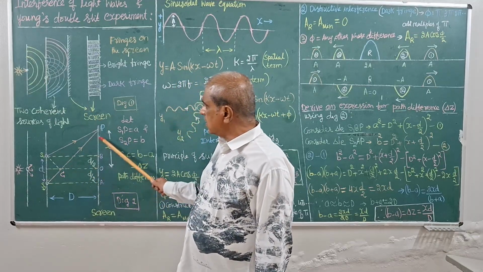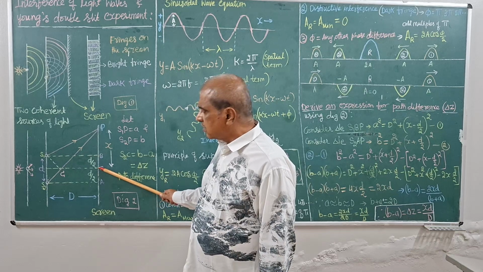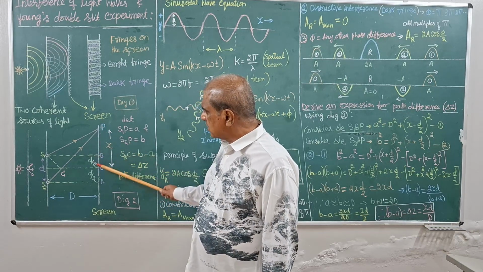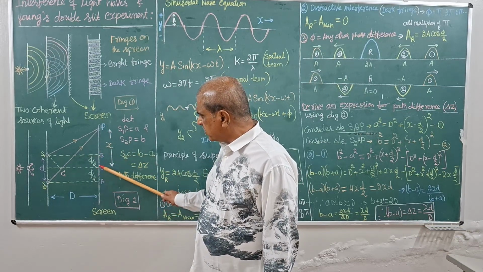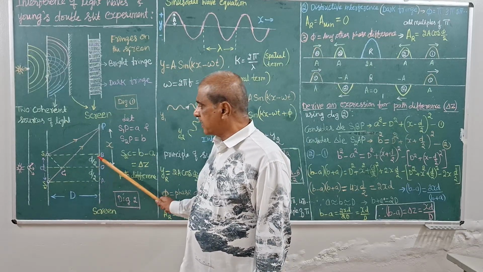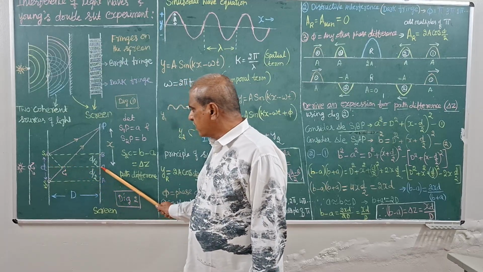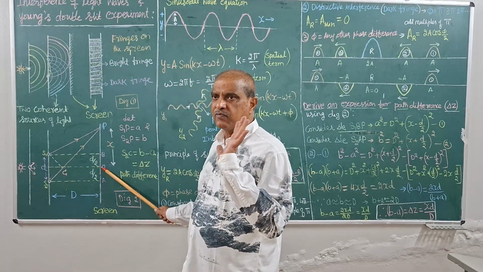where you get different positions. That is, from this point onwards, we get fringes in alternate fashion. Here also, from this point downward, fringes in alternate fashion. Here you always get a bright fringe, because the light from the same line meets here without any path difference.